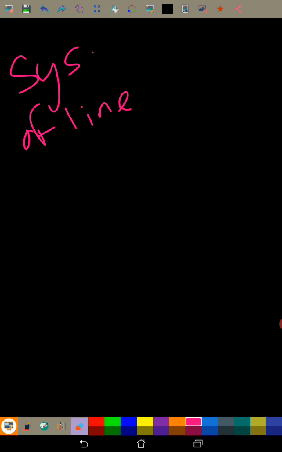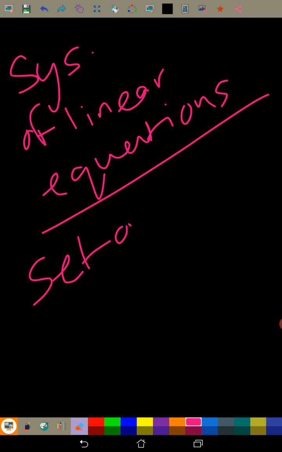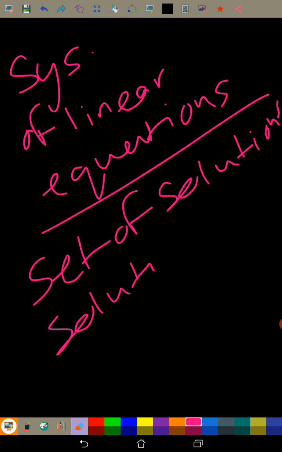And so now you know what is a system of linear equations. I am also learning, so I'm also teaching myself by teaching. And a set of solutions, or solution set, sorry, solution set. So we know what these are now.